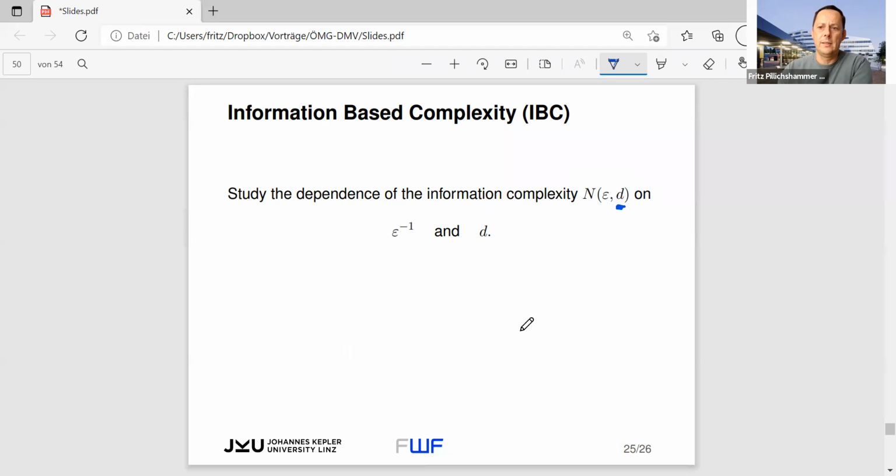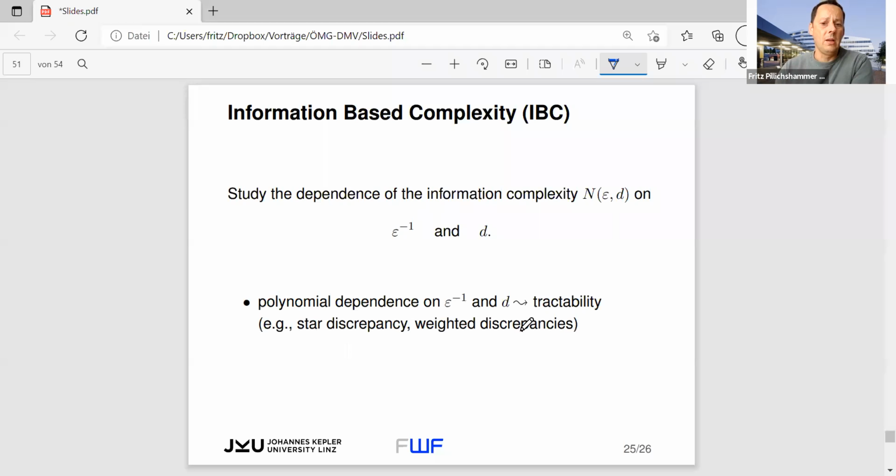And in this context, it would be desirable to have only a polynomial growth rate. Okay, when we have only a polynomial growth rate of this information complexity on epsilon to the -1 and d, then one says that the discrepancy is tractable, or polynomially tractable.